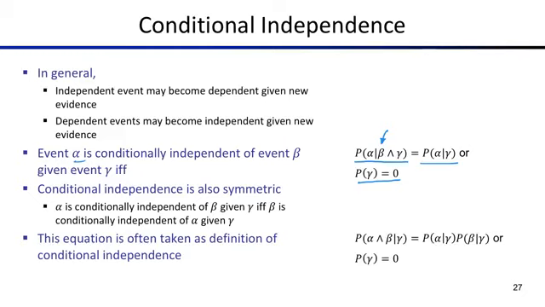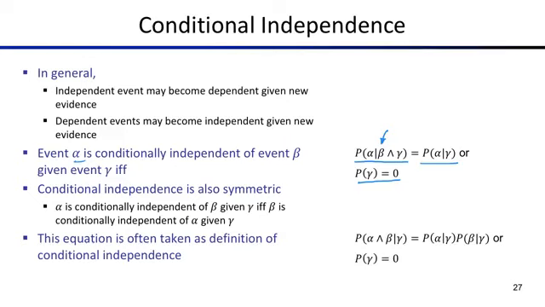So the information that gamma provides to us is enough to figure out the probability of alpha, and beta does not add enough information to change that probability. As we saw with independence, conditional independence is also symmetric.